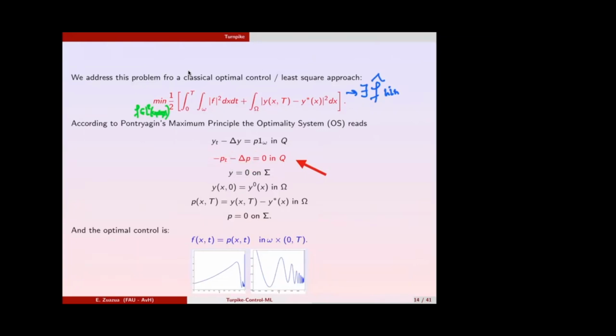It's true that it could be smaller in longer time intervals or larger in shorter time intervals. But this is just a matter of scale. The behavioral pattern of the control is always the same and is not compatible with the fact that we are aiming for Turnpike patterns.